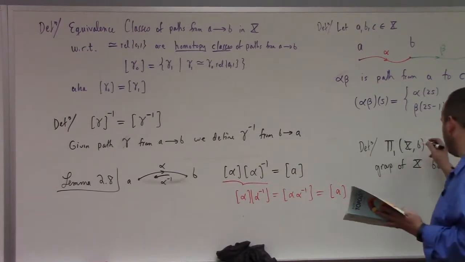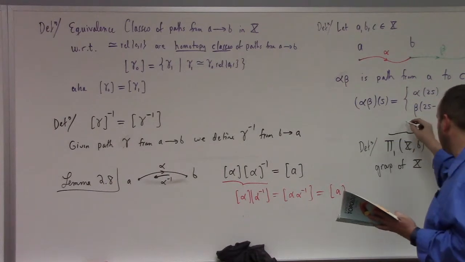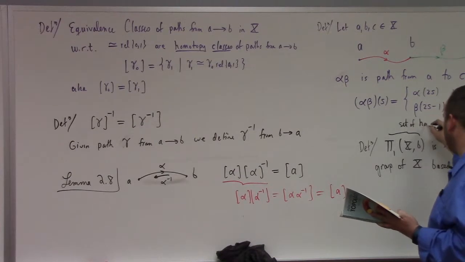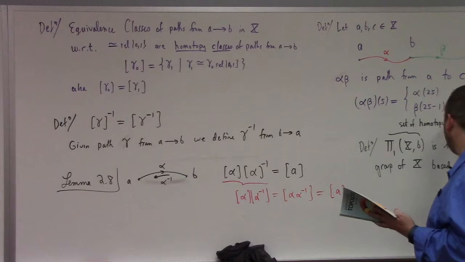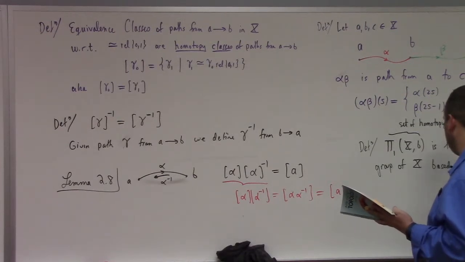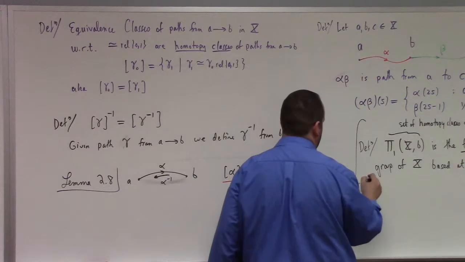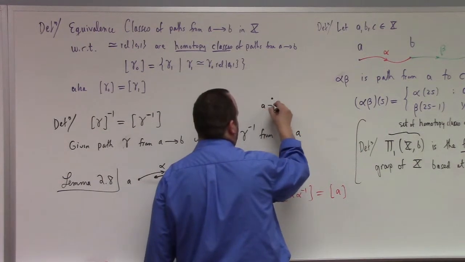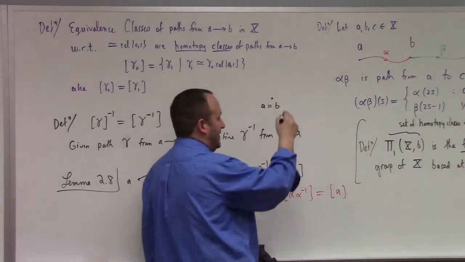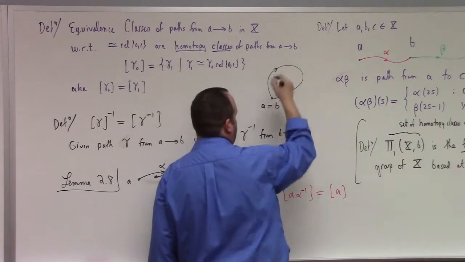And this pi 1 of X, what is it? This is the set of homotopy classes of what? Loops at B. So for the next section, we basically look at A equals B. In that case, it's a loop.